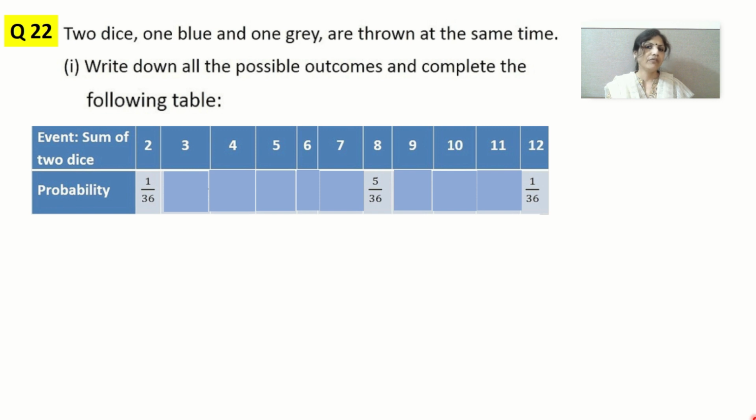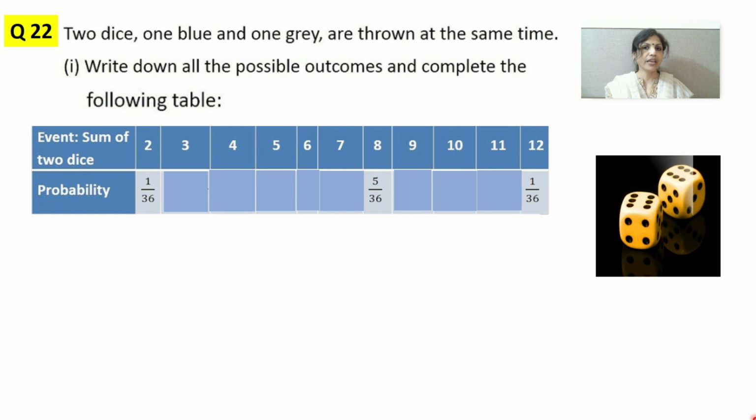So you have been given a table and you have to complete this table. Two dice are thrown together. So when you throw two dice together, what are the possible outcomes here? You have been given that one die is blue in color and the other die is grey in color.